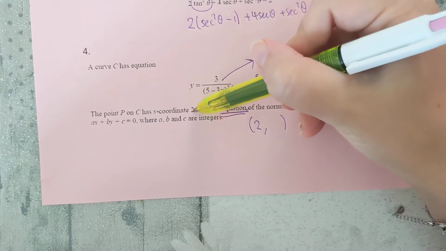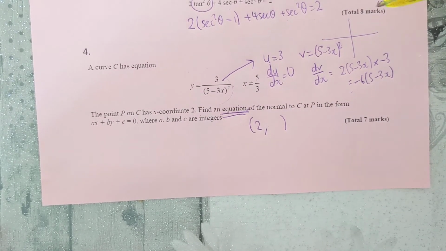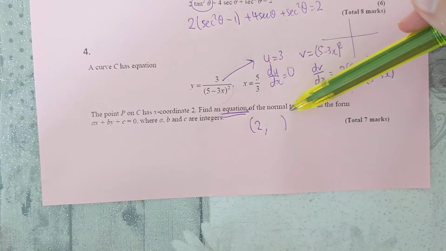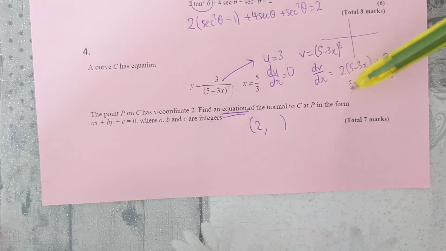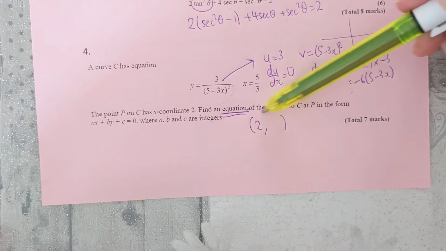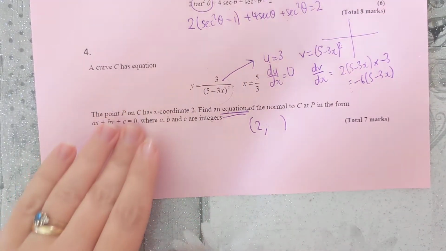Then you need to put the x coordinate, which is 2, into your answer for dy by dx. That's going to give you the gradient of the tangent, but we want the gradient of the normal. So once you've got your gradient of the tangent, you then need to make it perpendicular. Then you will have your gradient. This will be your point, and then you put it into y minus y1.